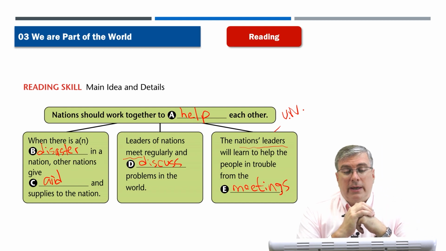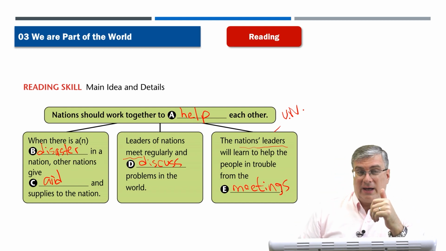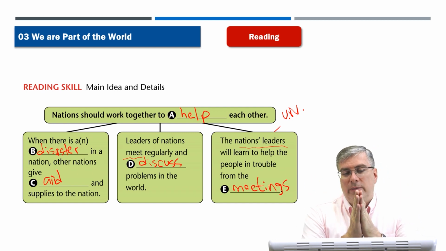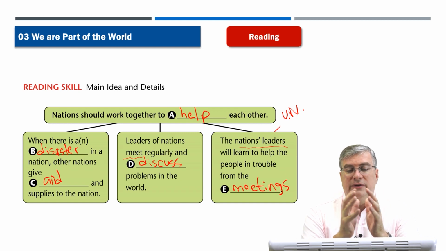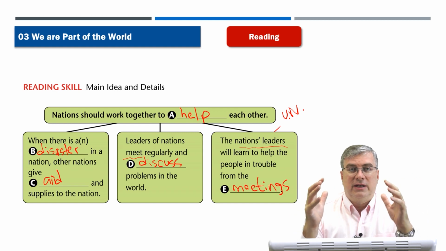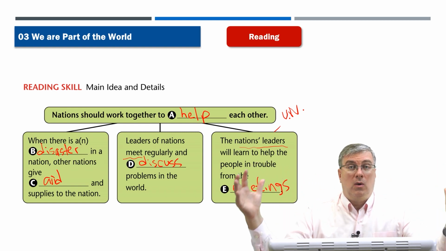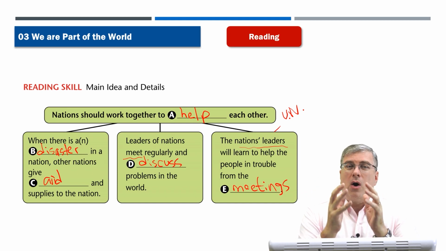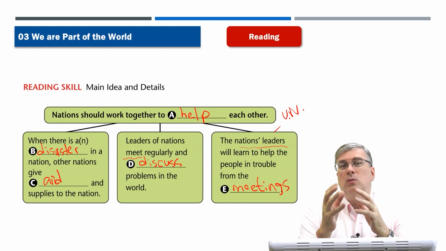Okay, so this lesson was about the fact that we live in different types of communities, right? We live in small communities, our home, but there's also larger types of communities: neighborhood, community, state, nation, world, right? So we all are connected, and we all should think about how can we help each other.